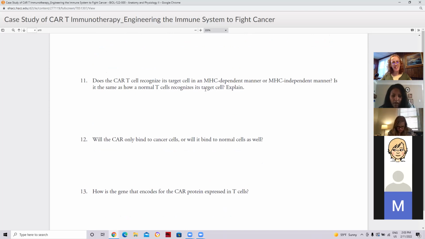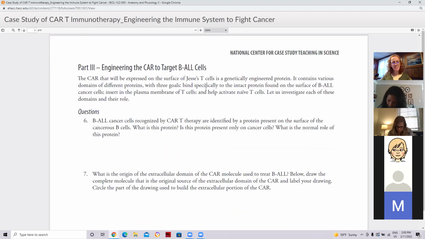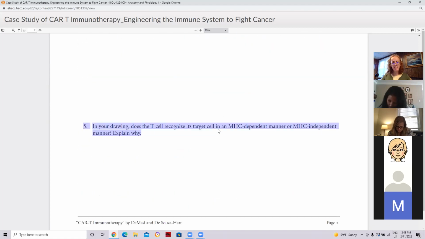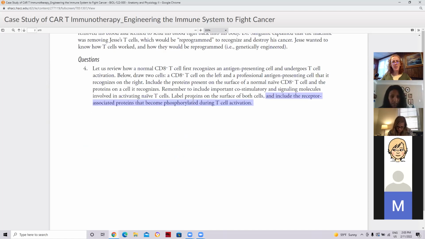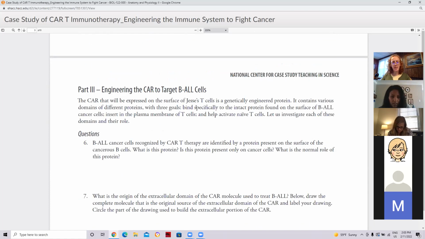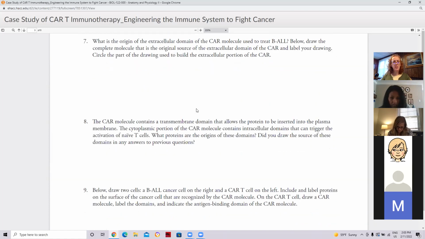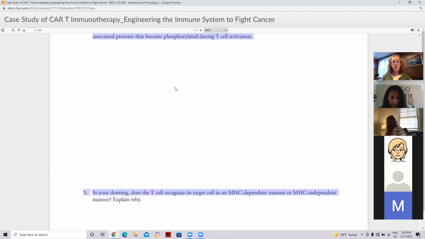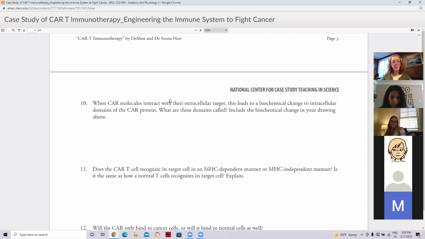Didn't we already explain this? But this was a normal one, you don't have to answer that one either. This is for a normal CD8 molecule, number 5 here. This one down here is asking about the CAR.